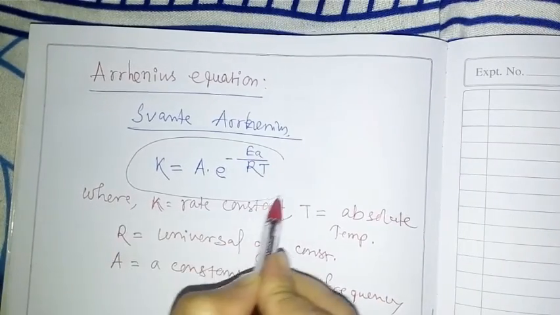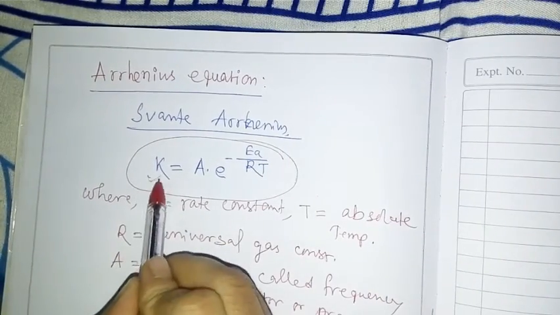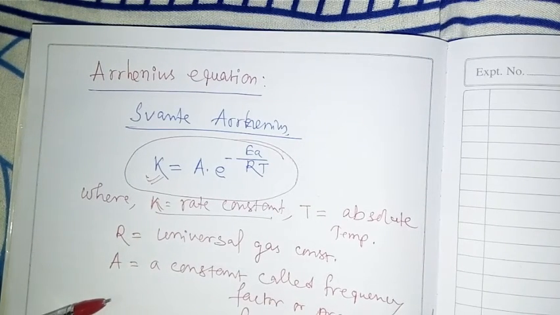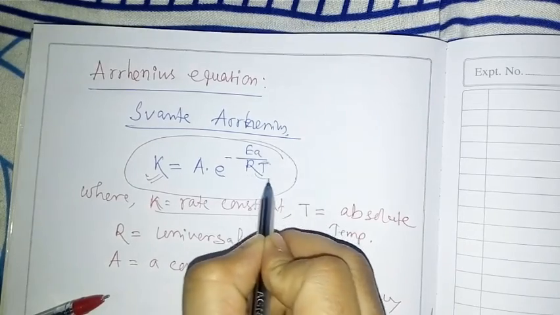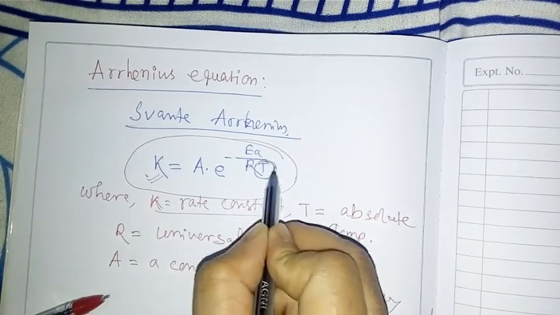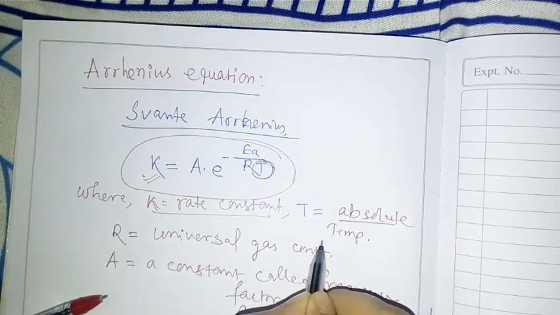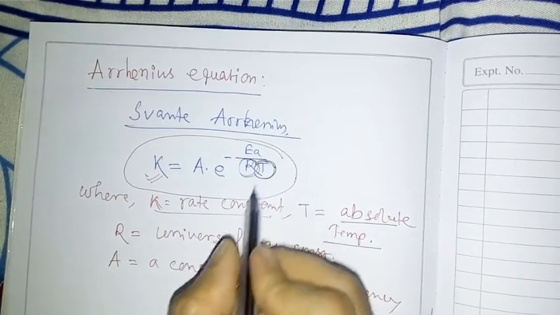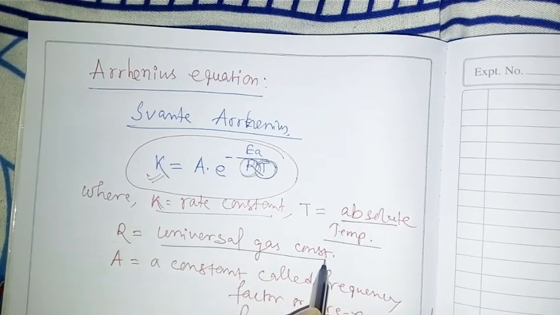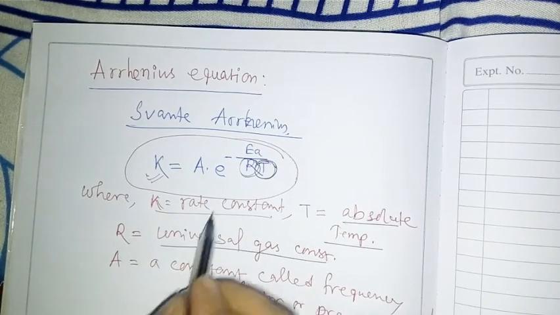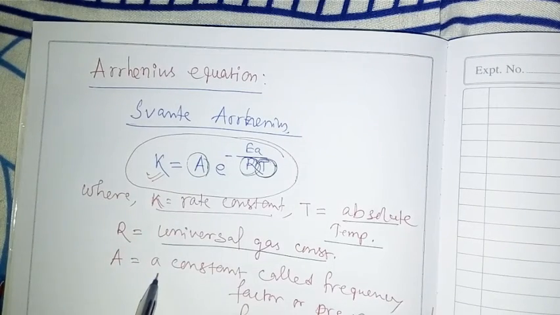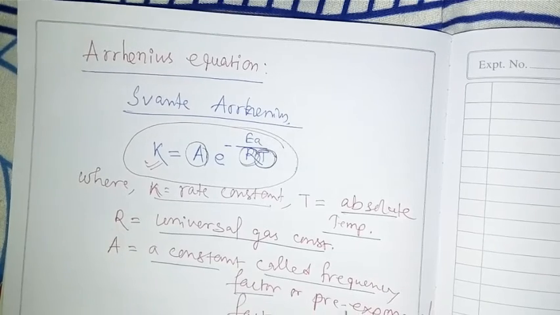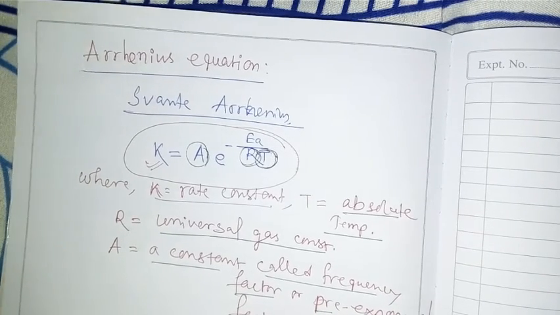So this is the Arrhenius equation. k equal to rate constant. T stands for absolute temperature. R equal to universal gas constant. A equal to a constant called frequency factor or pre-exponential factor.